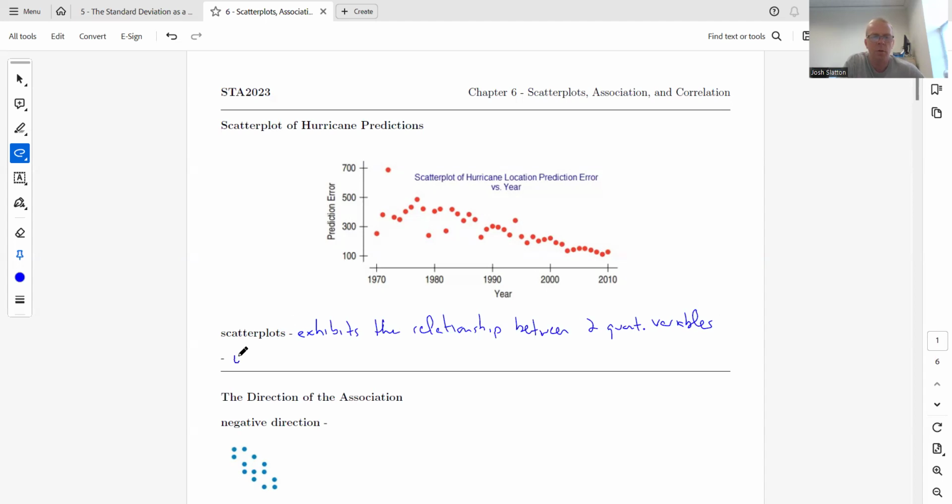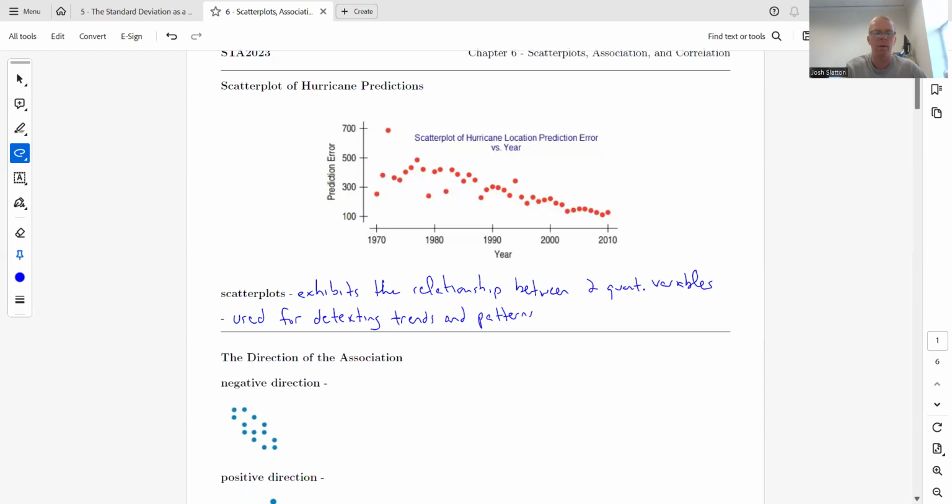And it is used for detecting trends and patterns. So as you can see here, we can kind of notice a pattern. It seems to be going down over time.